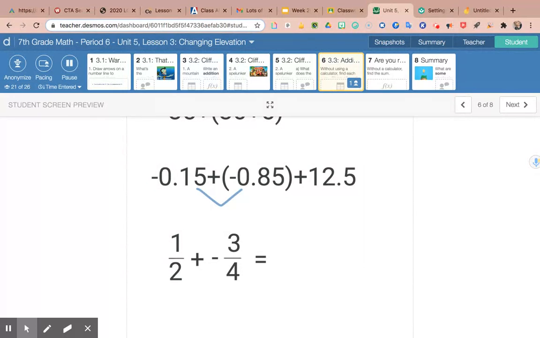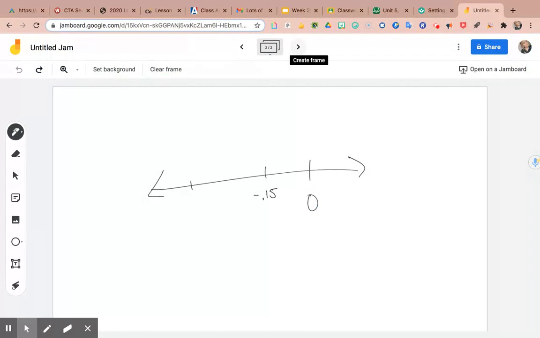The reason we can do that is because if we're looking at a number line and we start with negative 15 and we add negative 8.5, I'm going to keep going to the left. So I would just combine them into one long arrow. Since they're going the same direction, I can combine them, which is like adding them. So I can add them, and then I just have to keep the sign because they're going to the left, so they're going to continue to be negative.